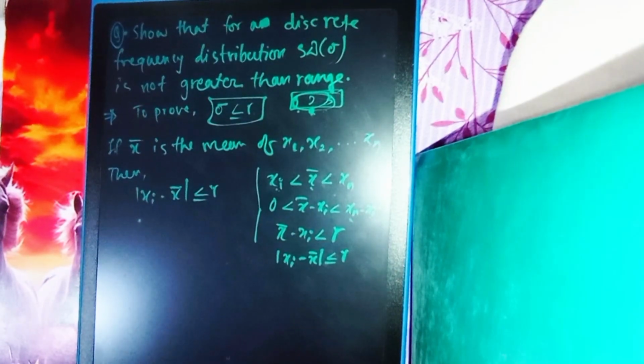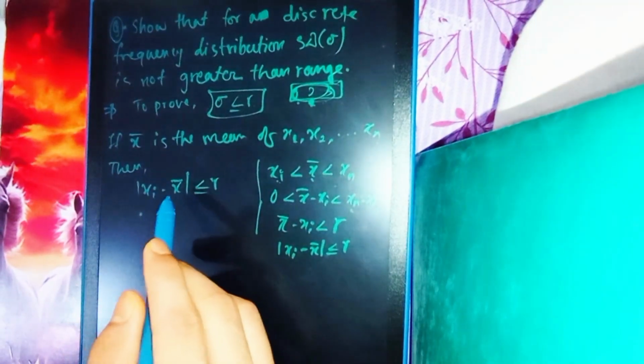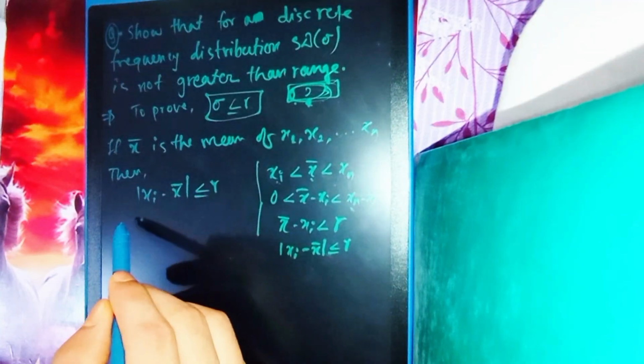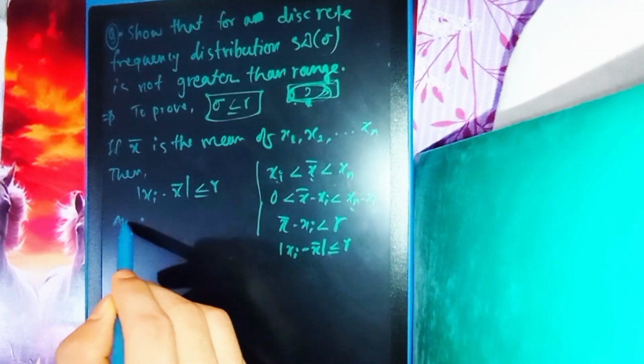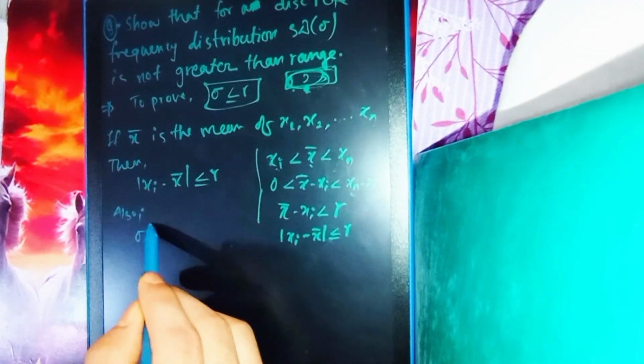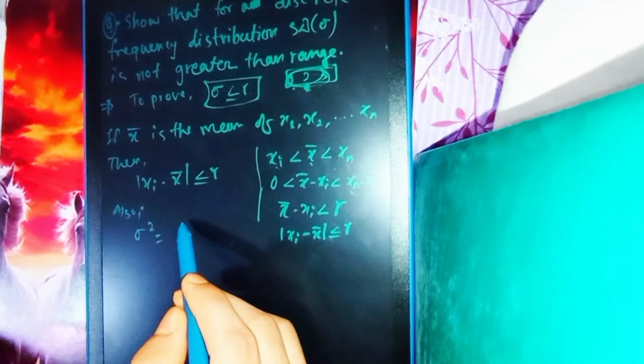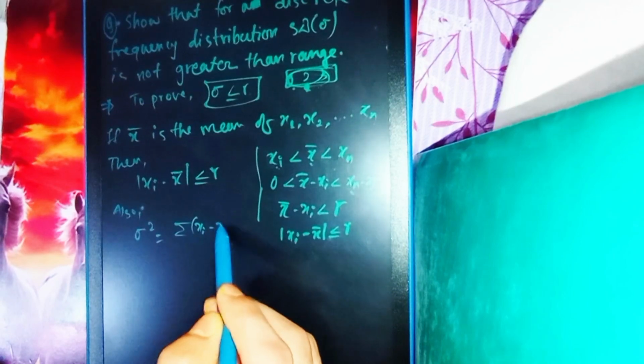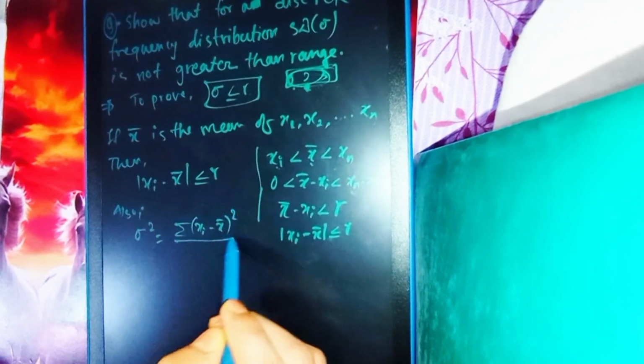So now we can say r is the range. We also have another formula, sigma square, the square of the standard deviation. Its formula is the summation of (xi minus x bar) whole square, divided by n.